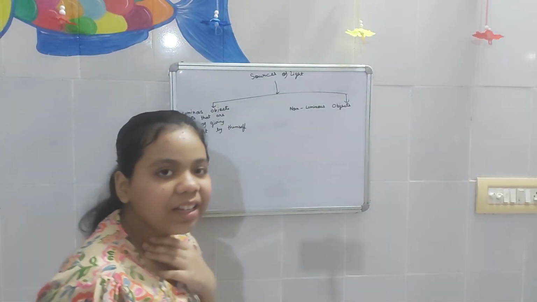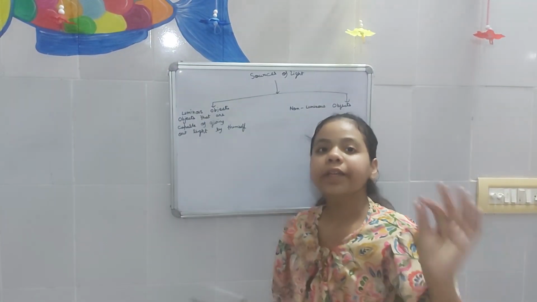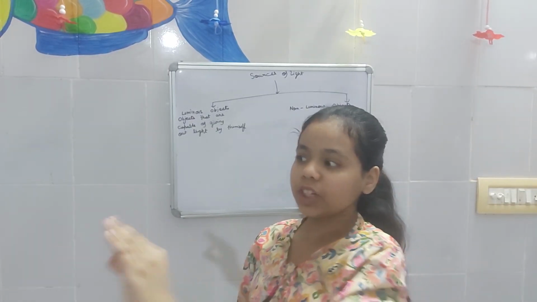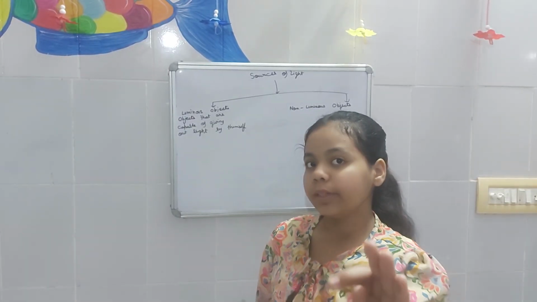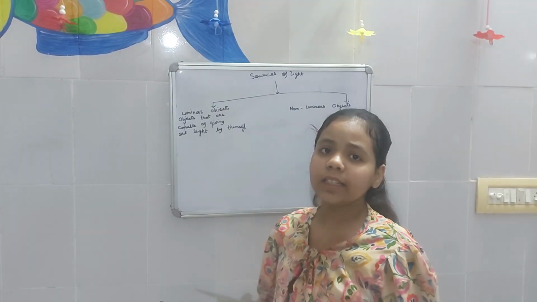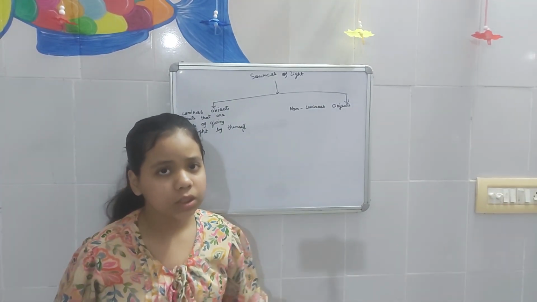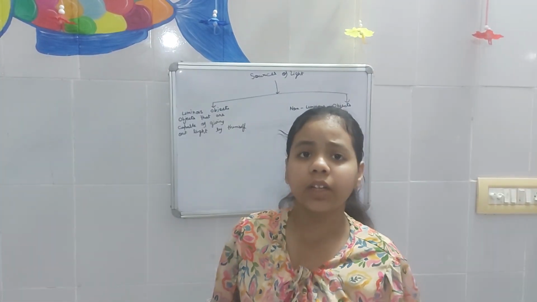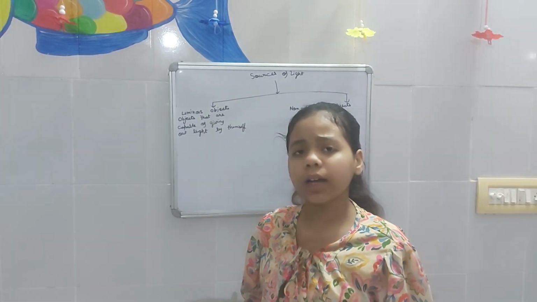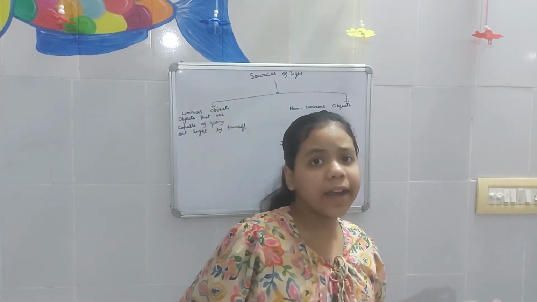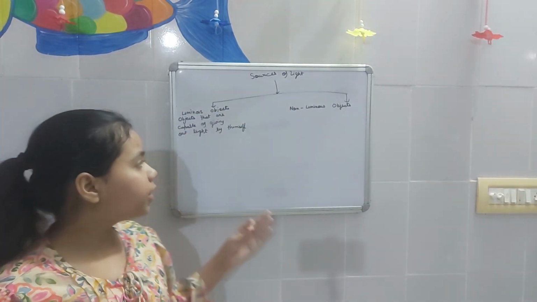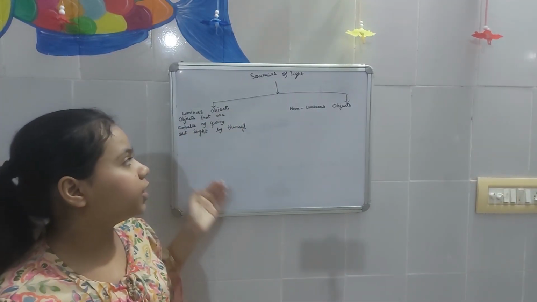So they are called luminous objects. We can see which are the things that are capable: LED bulb, tube light, torch, a firefly, sun, stars, or candle. All these are luminous objects.